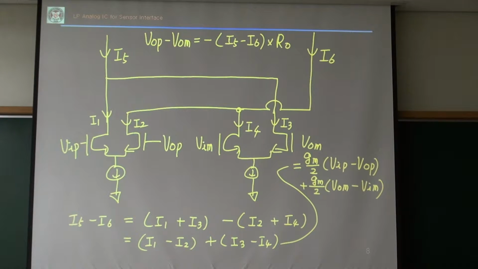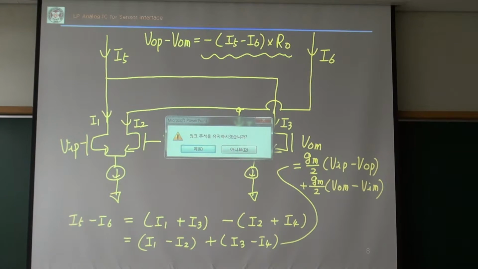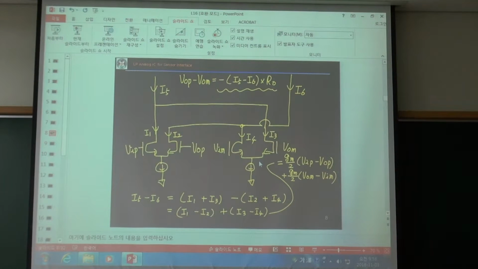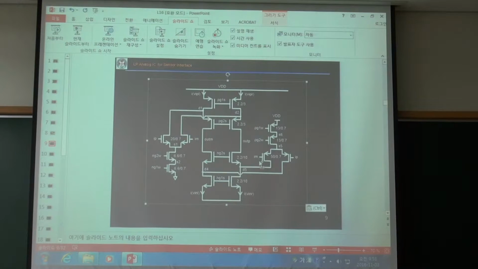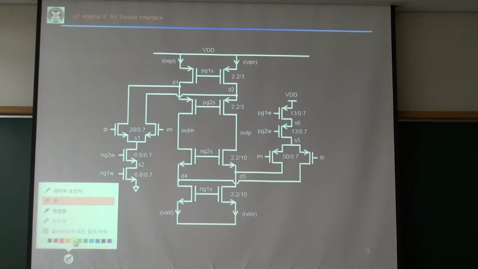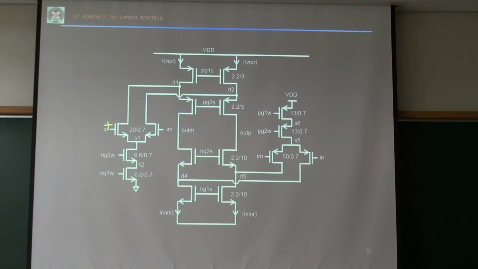Oh, I still got some problem. Do I have a problem for this? VOP. Okay, let's check the circuit. Looks like I got some polarity problem in the original circuit. Okay, here, if this is positive, should be negative there, right?